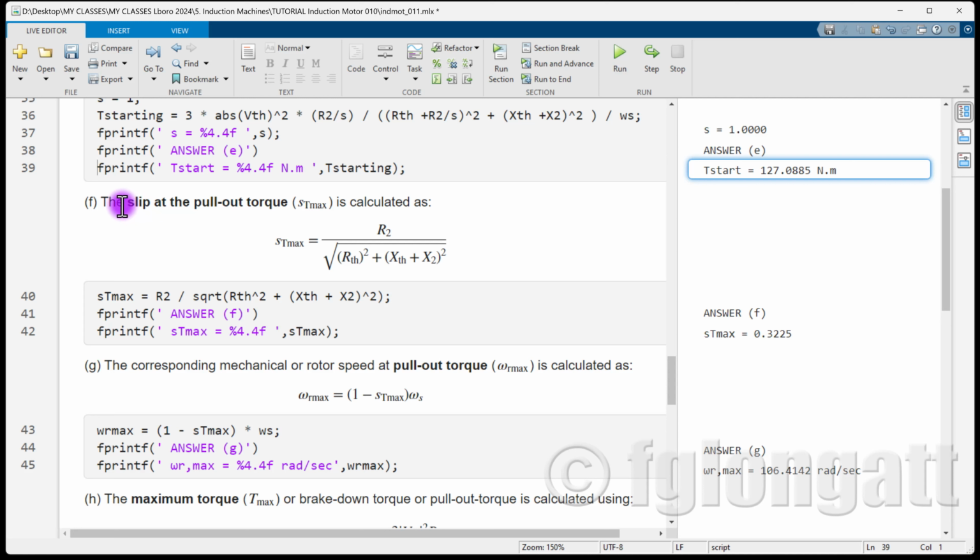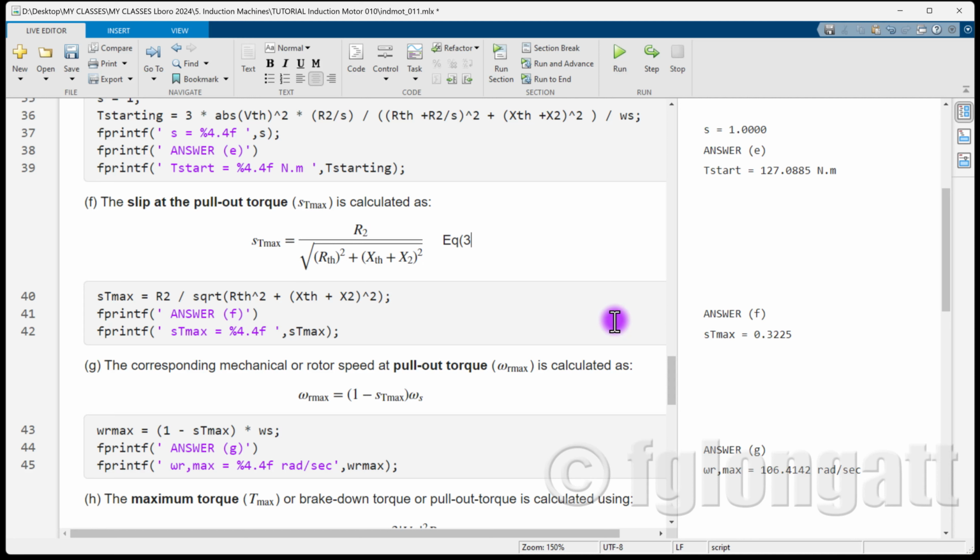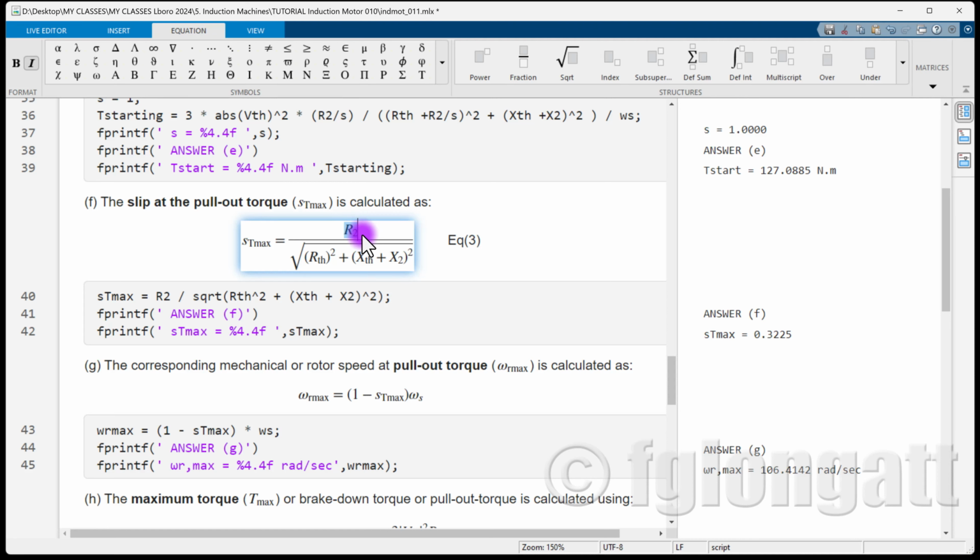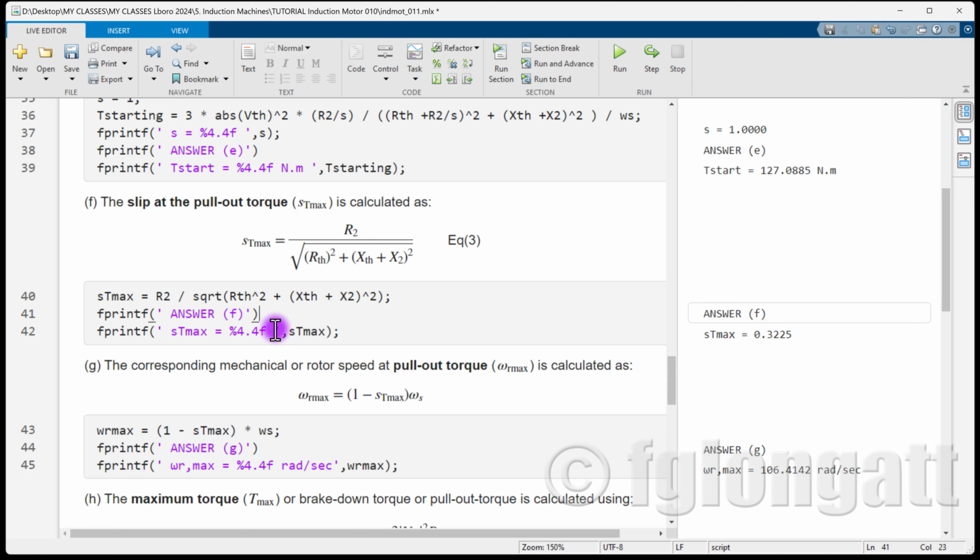Then the second question is, if you consider the pull-out torque, what is the slip for that very specific pull-out torque? Again, if you go to the theory, I already showed you that there is an equation. That equation is basically telling you the value of the slip when the torque is the pull-out torque, and it depends on the rotor resistance and the Thevenin impedance.